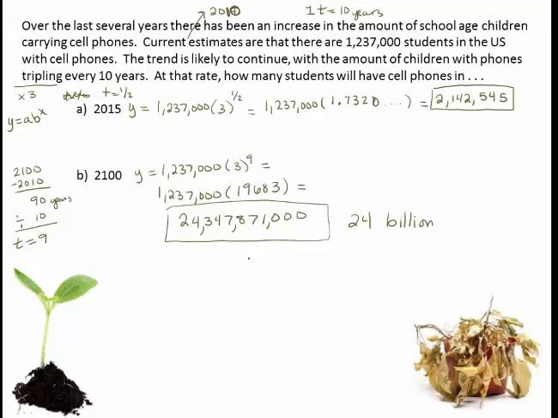Now, considering that there are not even 20 billion people on the planet, this seems very unlikely. There currently, I want to say 6 to 8 billion people on the planet. I don't know the exact figures off the top of my head, but certainly not 24 billion people on the planet. And even if there were exactly 24 billion people on the planet, they would not all be kids. So if exponential growth does not have a cap, it can continue on forever.